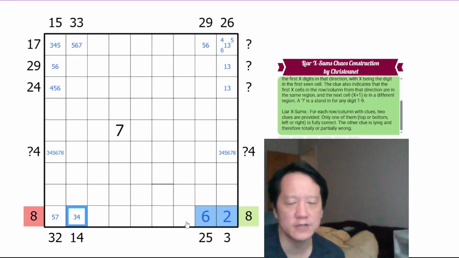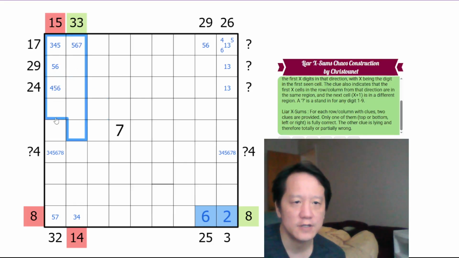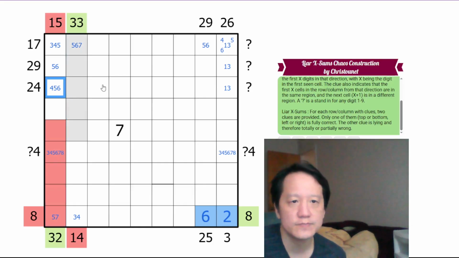If we invalidate this, so this is wrong, this is true, that means this has to be false, because again, these would have to be part of the same region, and they would add up to too much, so this would be true. So we have that, we have this. And you still can't have this, so this is still invalid here.